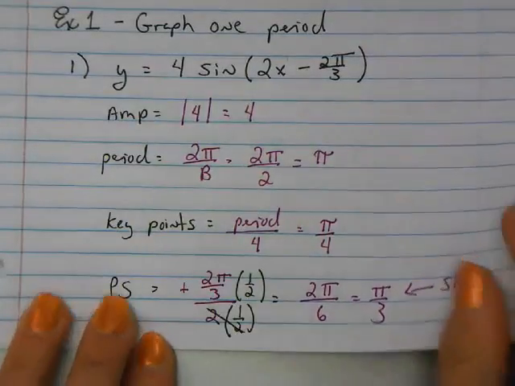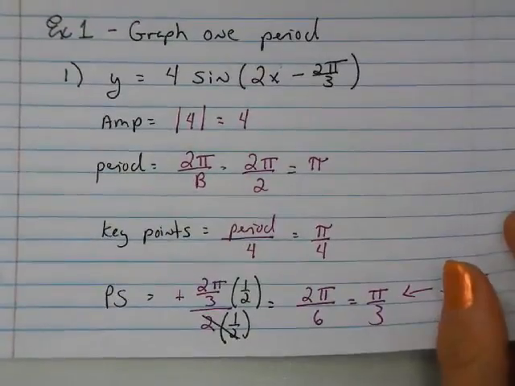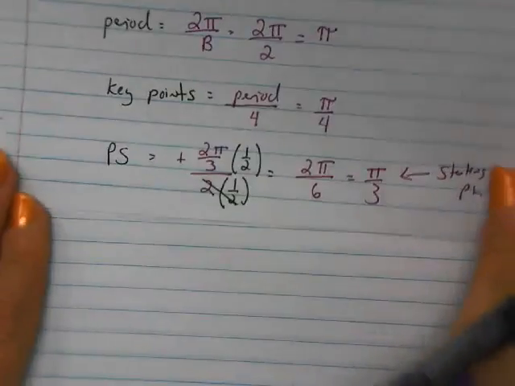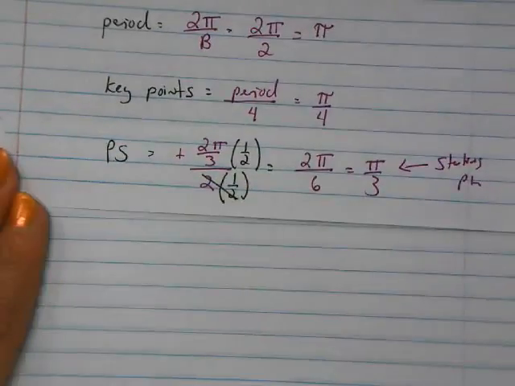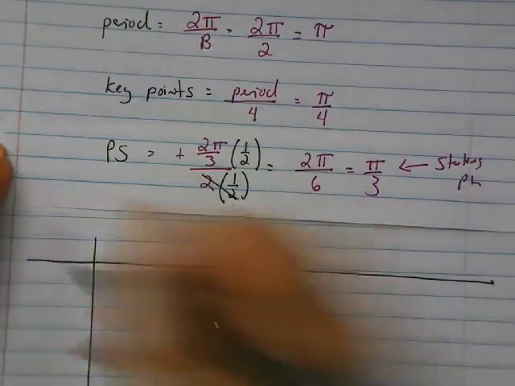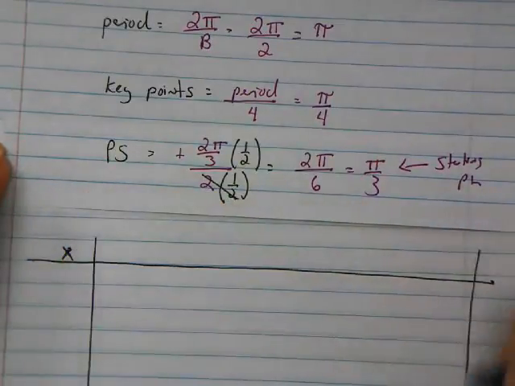Alright, so let's take all this and go ahead and fill in our chart. Okay, so here we go. I start out with some x. Way over here, I'm going to output some y.